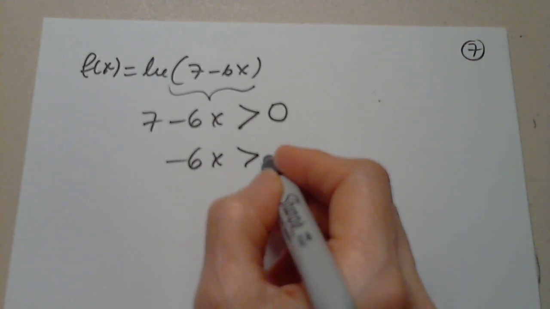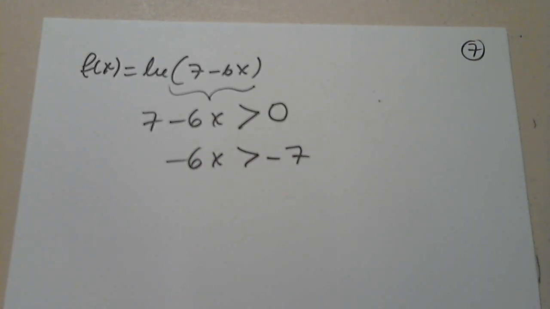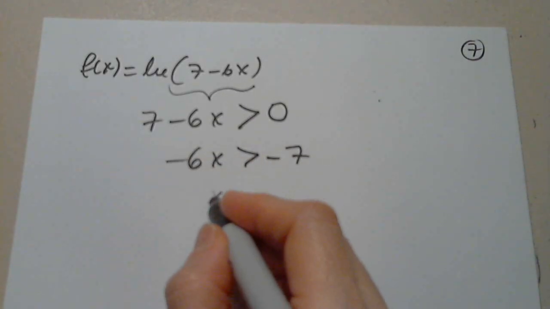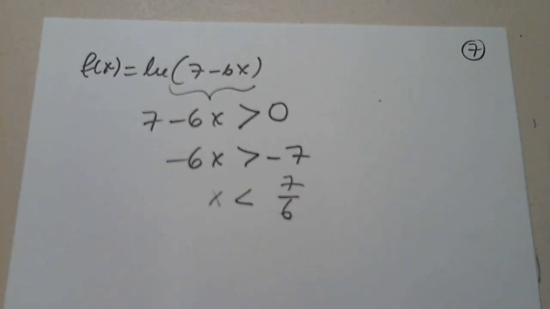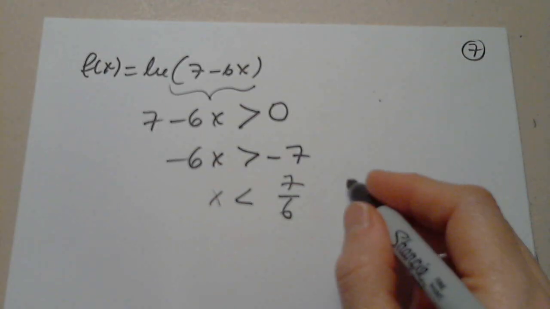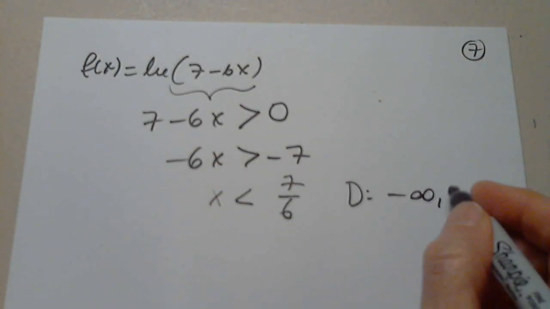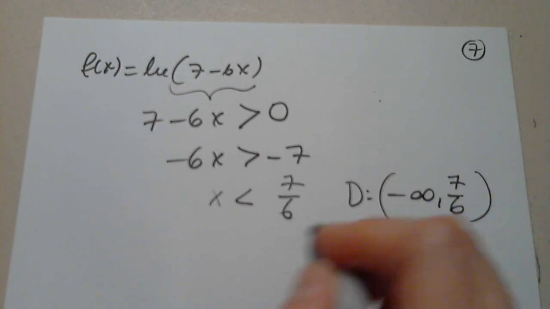I have negative 6x greater than negative 7, and I divide by negative 6. But when I divide both sides of an inequality by a negative number, I have to flip the inequality symbol. So therefore, the domain of this function is negative infinity to 7/6.